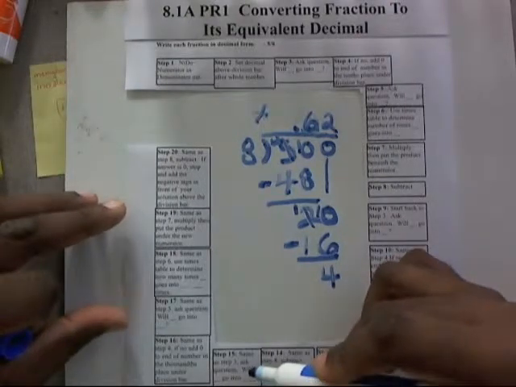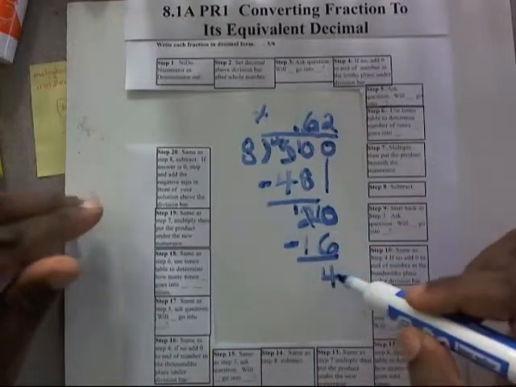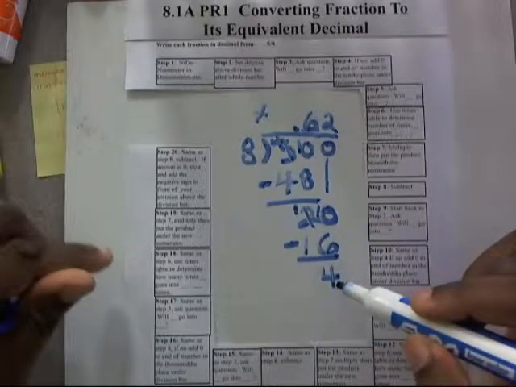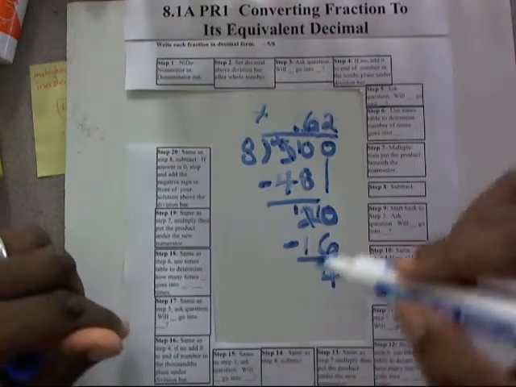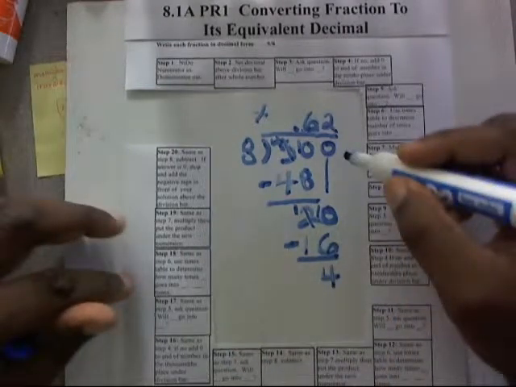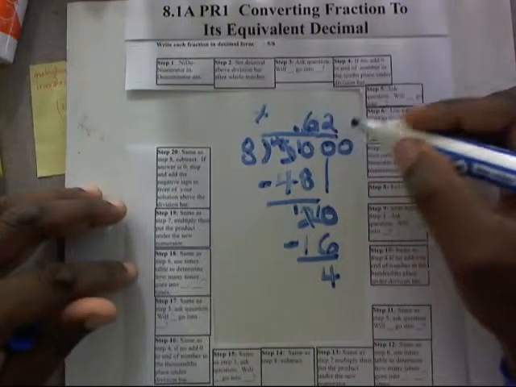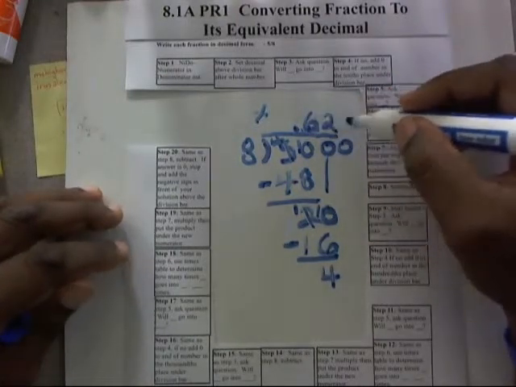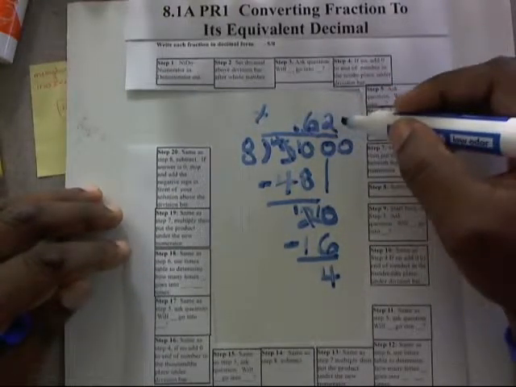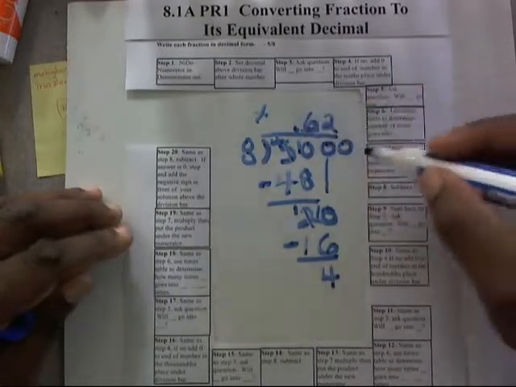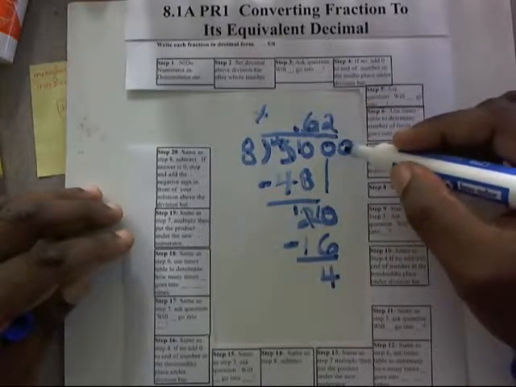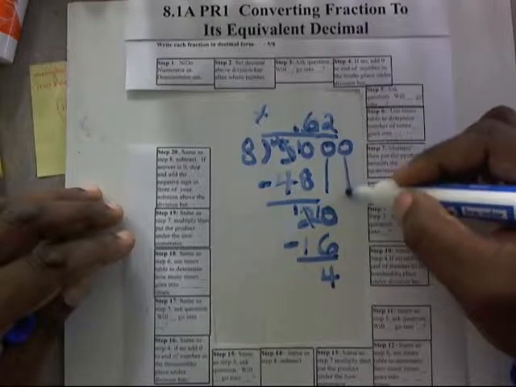This is step number 15. Will 8 go into 4? The answer is no. So now step 16 says add 0 in the thousands place. So the thousands place is the third place to the right of the decimal. So now I got to bring that one down.